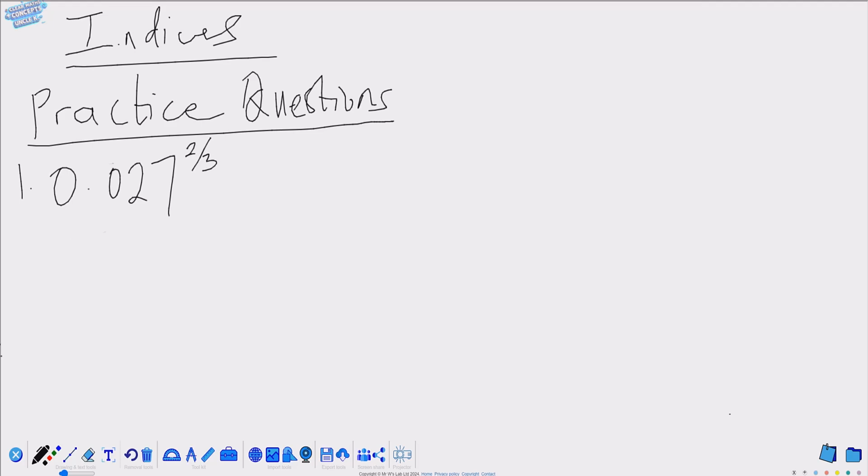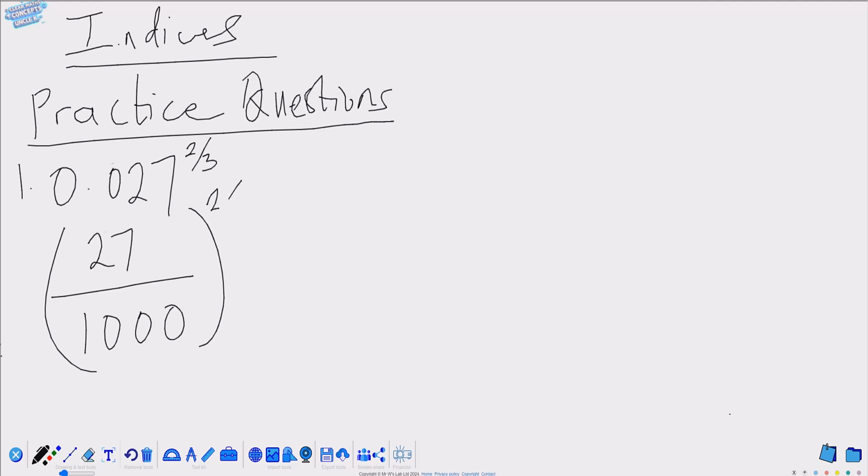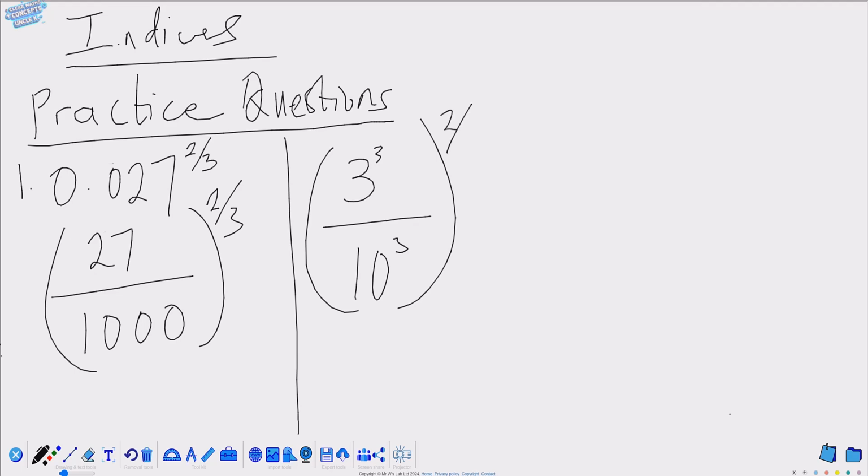Okay, so what do we do? This will be 27. You write it in fraction, 10 raised power 2/3. Then you write it in index form. This will be 3 raised power 3. You have 10 raised power 3. Then 2 raised power 3.